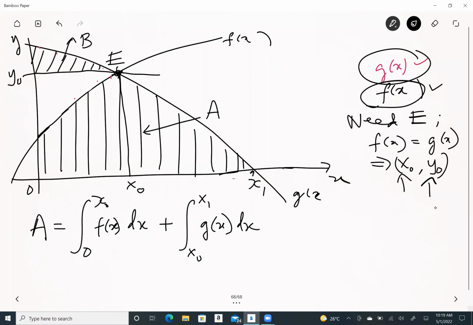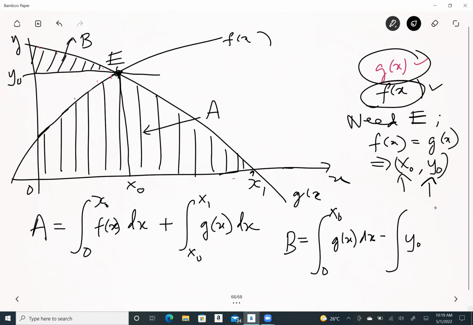If you look at the area B, it's the area from 0 to x0 under g of x dx, but I need to take out a certain area. So you need y0. So how do you get the area?